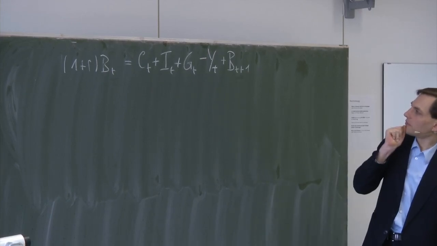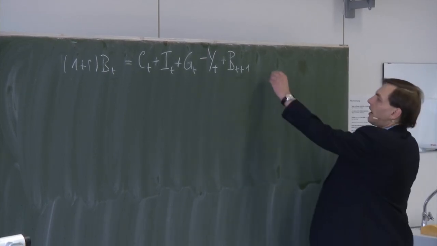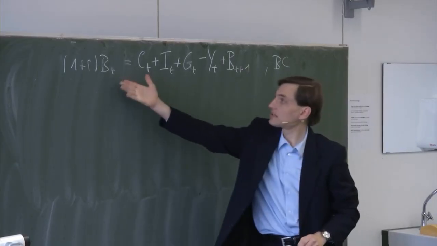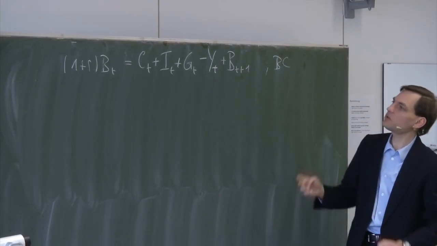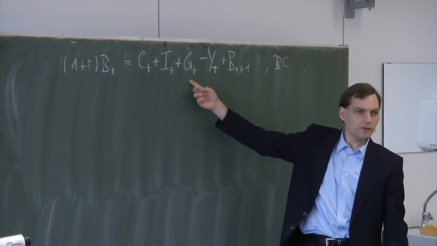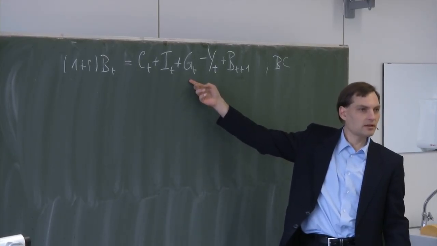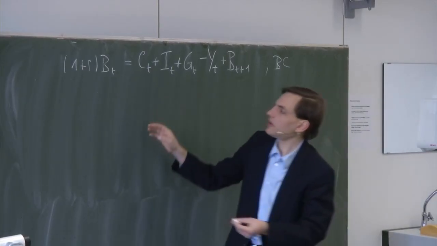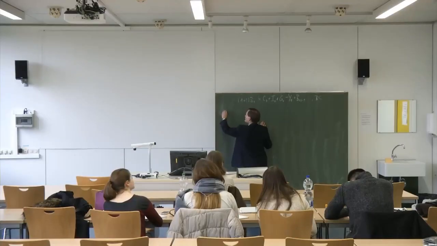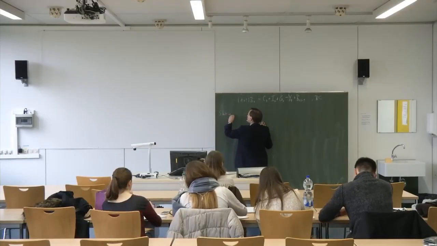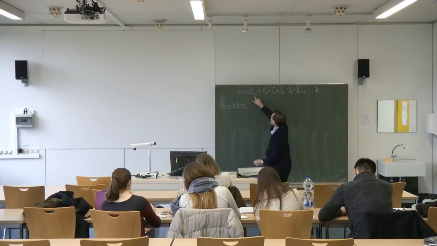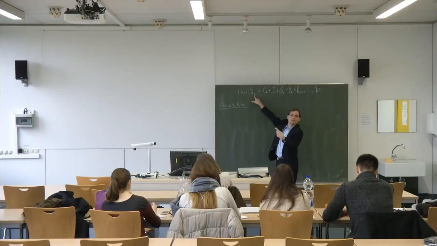And the idea is the following. So let's call this my budget constraint in this period. What I can do now, I shift this constraint one period ahead, by one period into the future. Well, if I do this, then I just have here, instead of T, T plus 1.